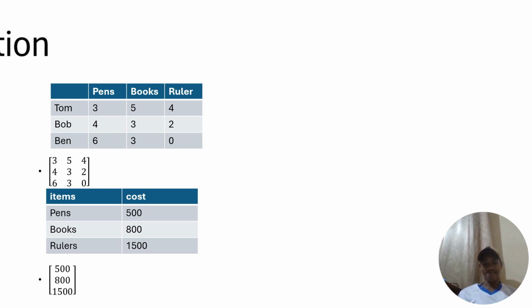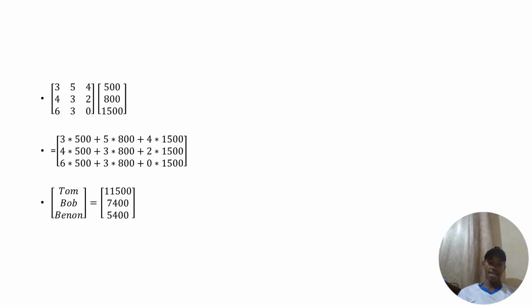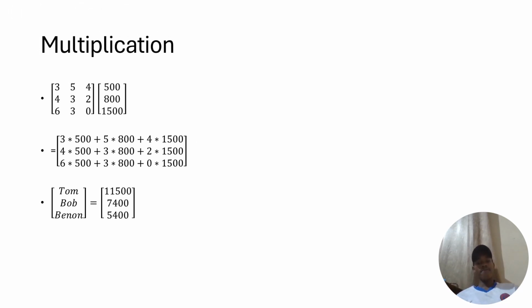Now the next question was asking us, using matrix multiplication, to find the amount of money each boy spent on buying the items. There we come in and multiply, using the method of multiplying a row by column.